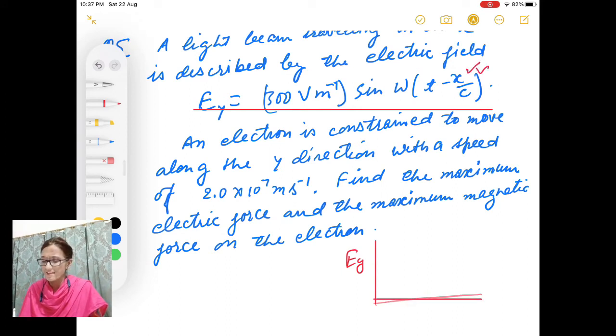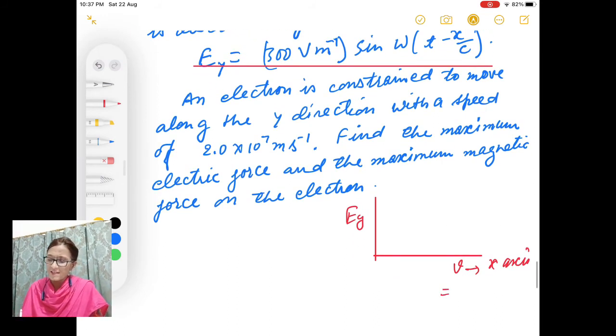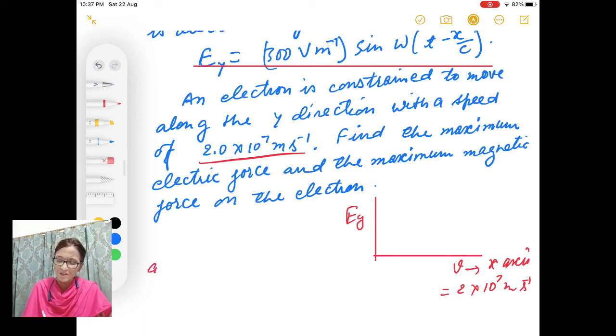Velocity is along the x direction. And this velocity given is 2 into 10 to power 7 meter per second here. Find the maximum electric force and maximum magnetic force. You have two questions. Number 1, maximum electric force.